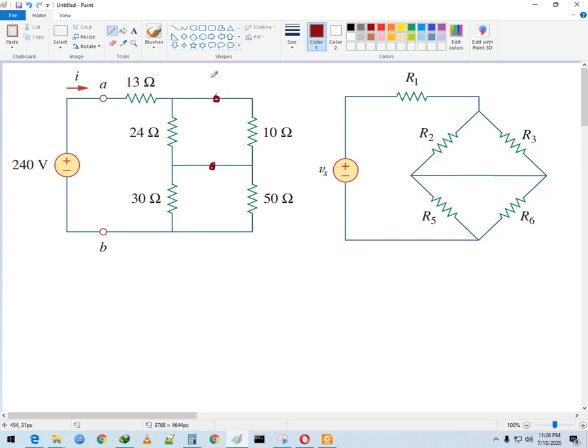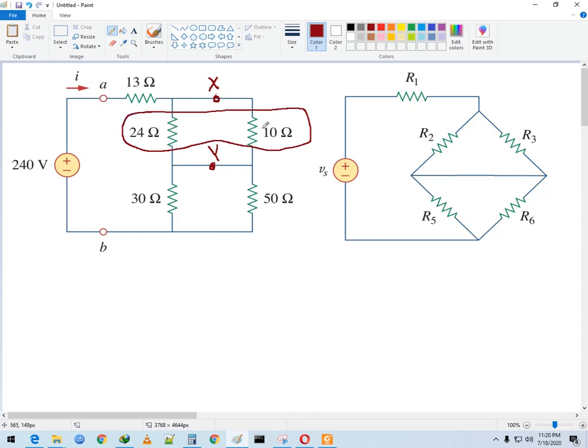Let's call it X, and let's call this node Y. So if we have this X and Y node, and this 24 ohm and this 10 ohm resistors are in between these two nodes, we can call them parallel. So we can simplify using this parallel approach.